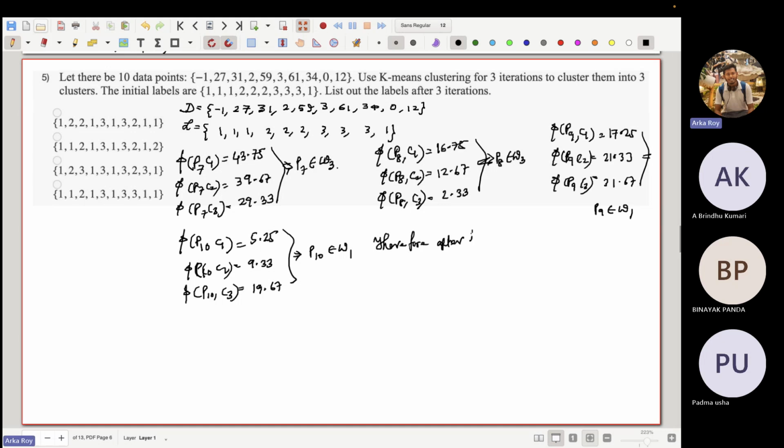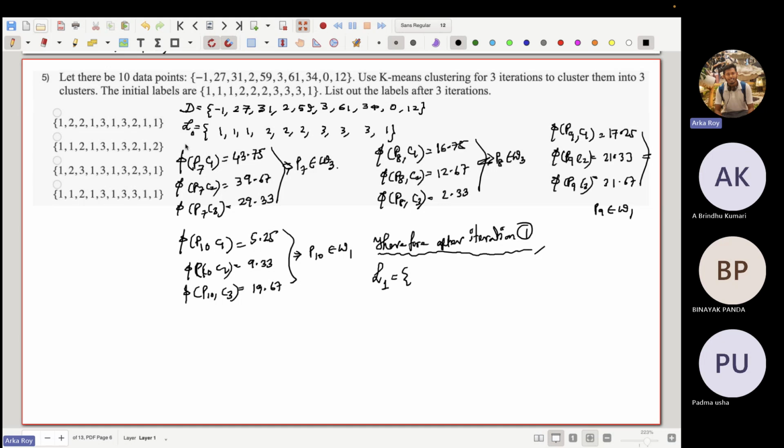Therefore, after iteration 1, the labels are, so I'm writing label 1. Initially, you had label 0, which was the starting label that you were provided with.